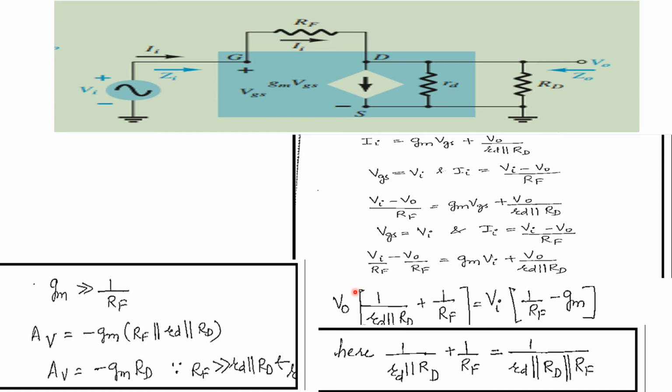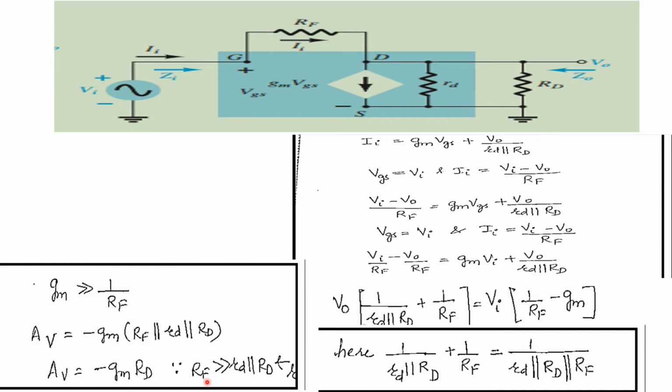So we come to the relation of the voltage gain by taking the ratio V0 upon Vi, and assuming that gm is greater than 1 upon RF. So your voltage gain is going to be negative. So it is minus gm (RF parallel rd parallel RD).